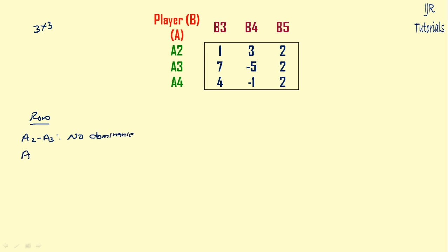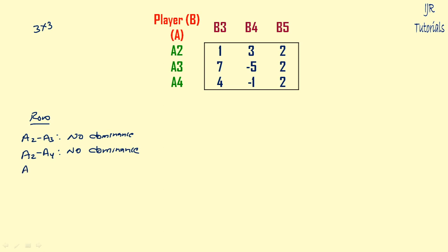Next one, A2, A4 comparison. A2 1, A4 4, that is A4 is dominating A2. And here 3 and minus 1, A4 is dominating A2. That means no dominance. In one case A2 is dominating, another case A4 is dominating. That's the reason no dominance exists.